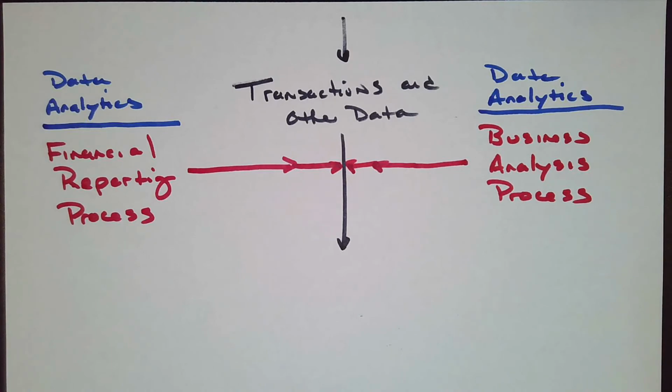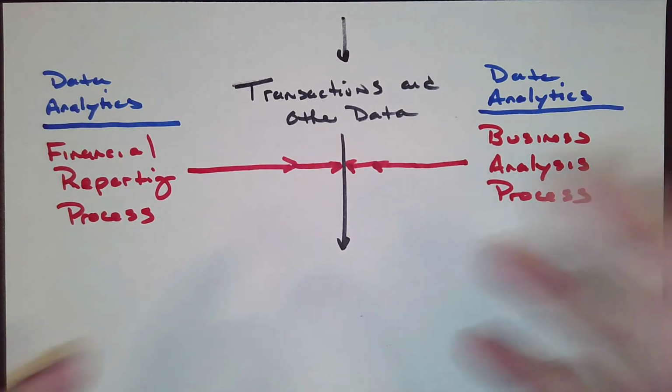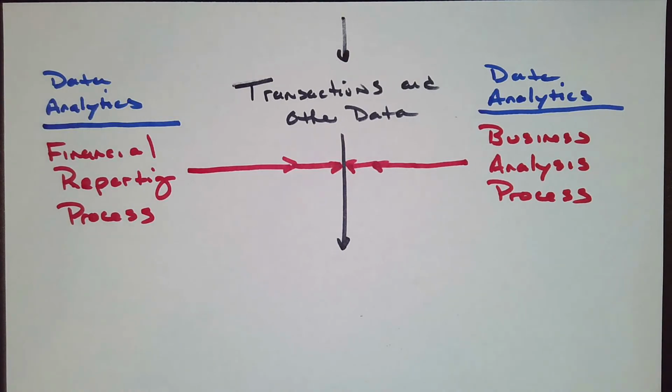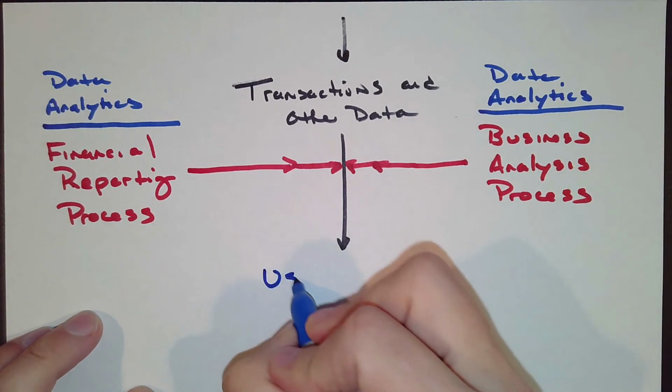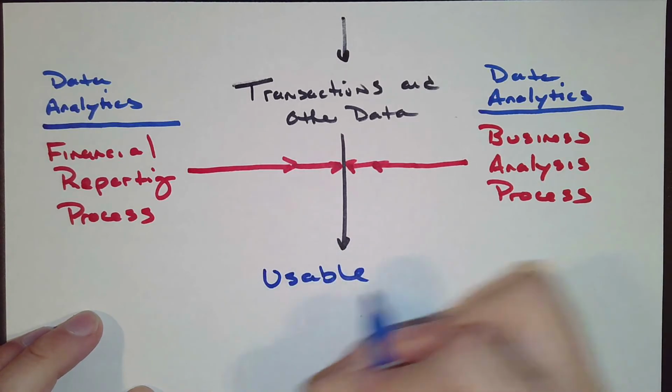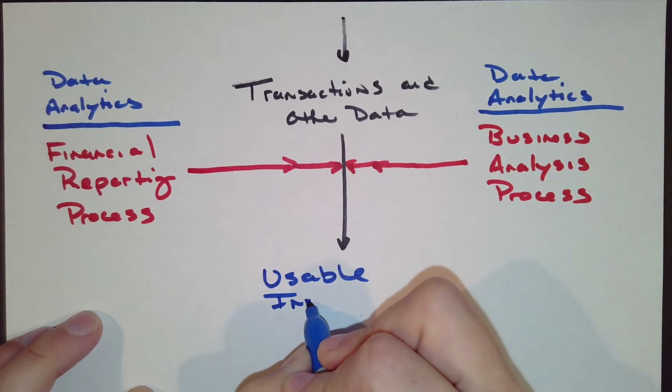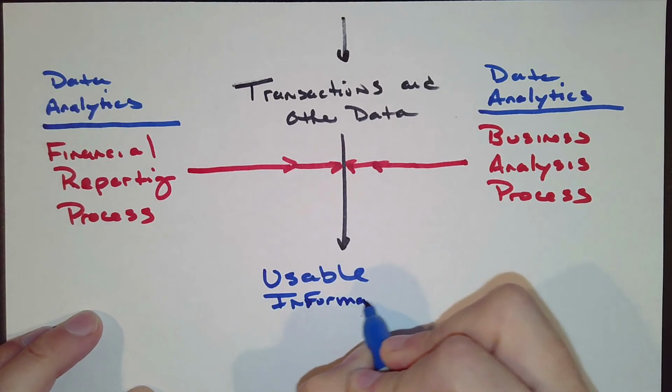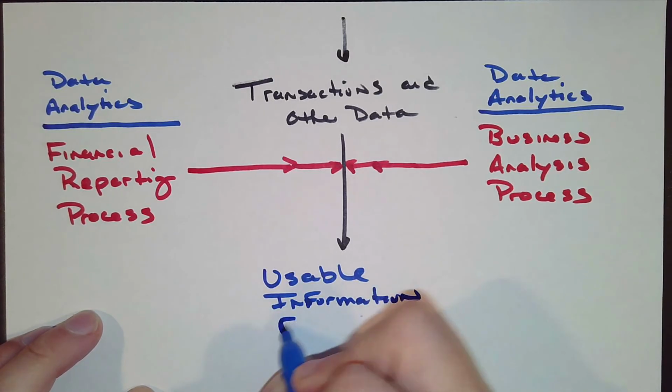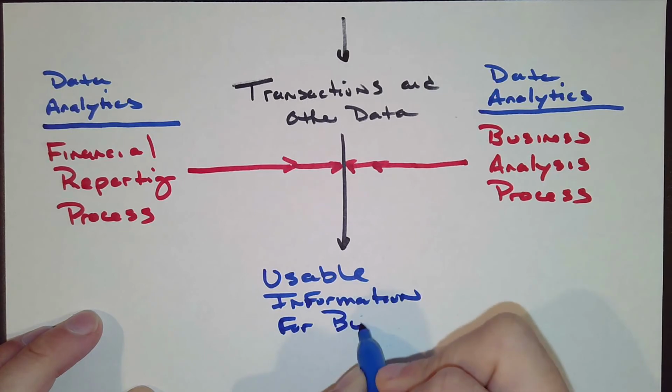They create financial statements or they create other types of dashboards or workbooks or Excel documents or Power BI or Tableau, whatever it is, but they're creating usable information for the business owner.